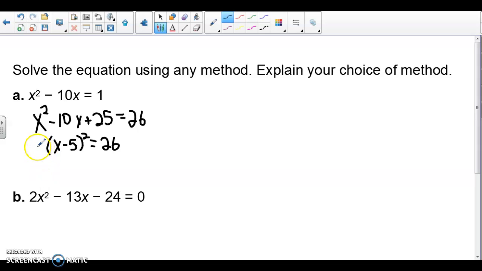So from here, if I take the square root of both sides, remember that it becomes the positive and negative square root of 26. So it would be x minus 5 equals, and the square root of 26 is about 5.1, so positive 5.1, and x minus 5 equals negative 5.1.